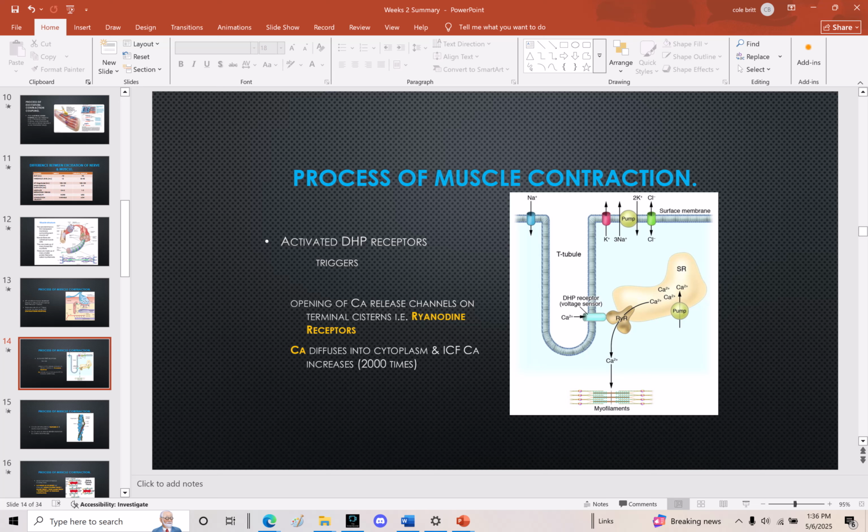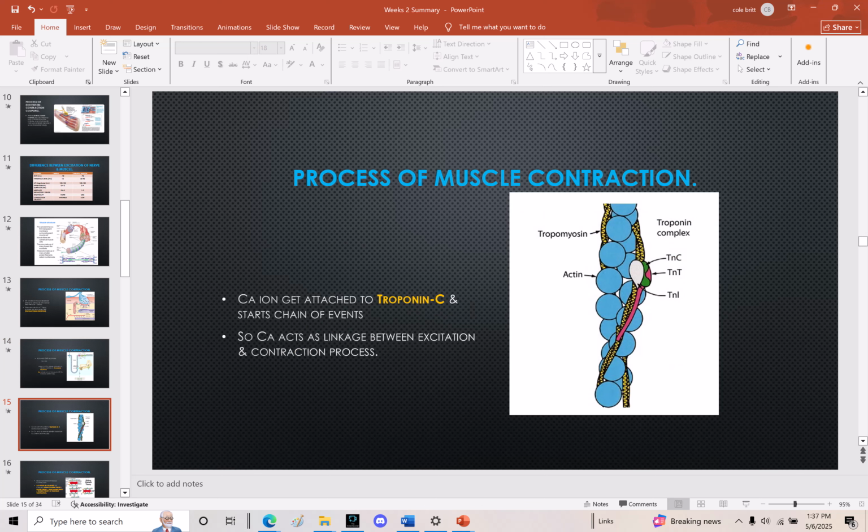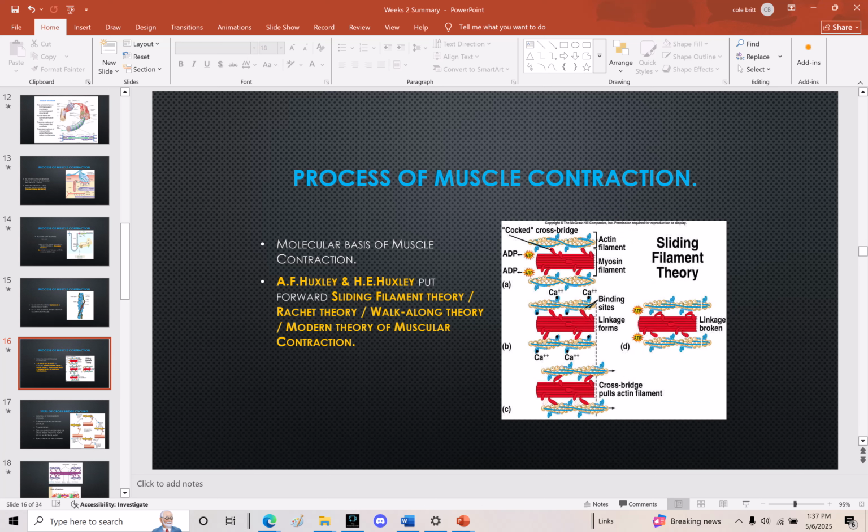And it just moves it a little bit out of the way, just enough to open up those binding sites. It's not like it takes it completely away, so that it disappears. And binding happens. The heads of the myosin will bind to the actin. These heads then sort of hold the actin open. That's called the sliding filament theory. It was proposed by Huxley and Huxley.